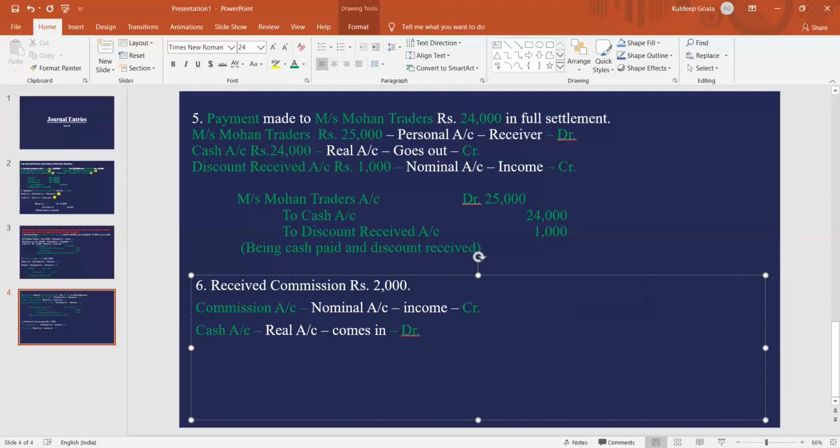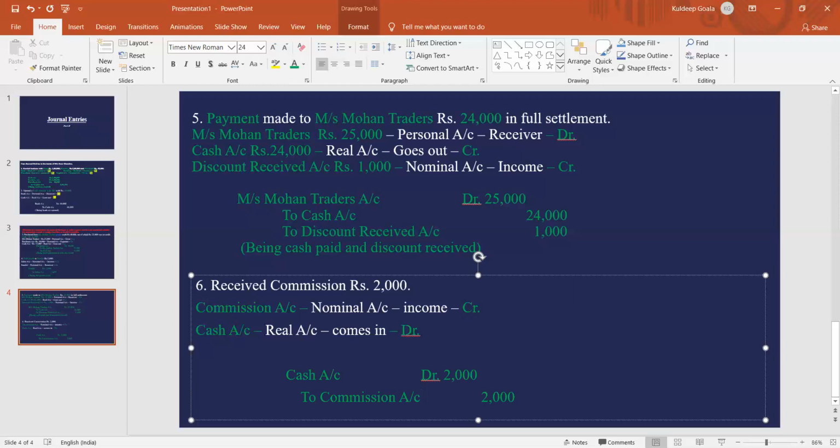Debit first. Cash account debit. How much? 2000 to commission account. How much? 2000, right?